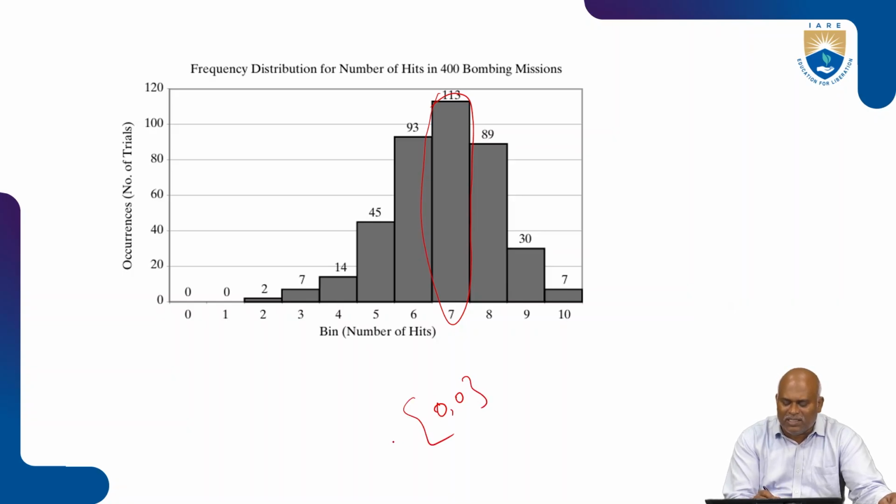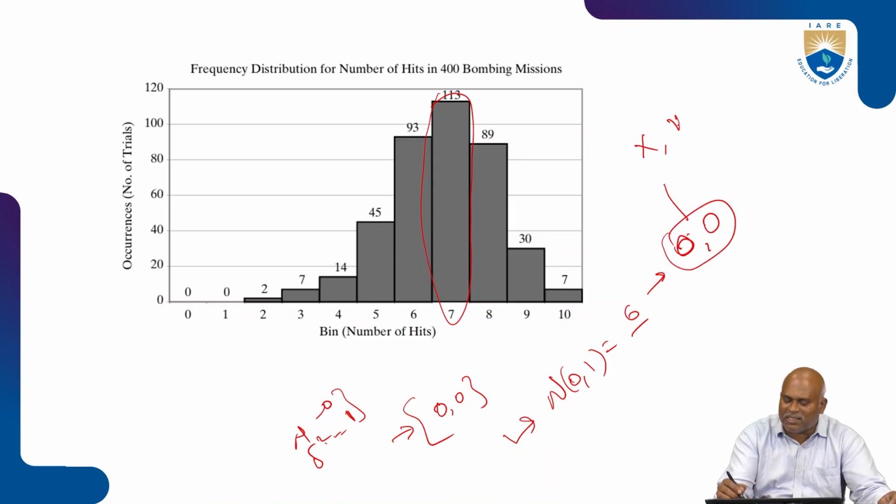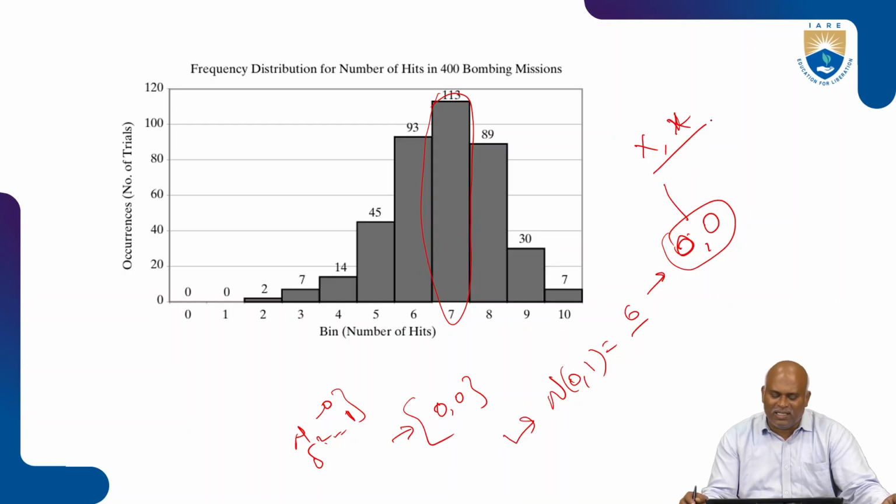This matches the mean equal to 0 and variance equal to 1, which we consider as N(0, 1) equal to 6. This 6 is the possibility of target at the 0, 0 coordinate of the center, which we consider as the center point.